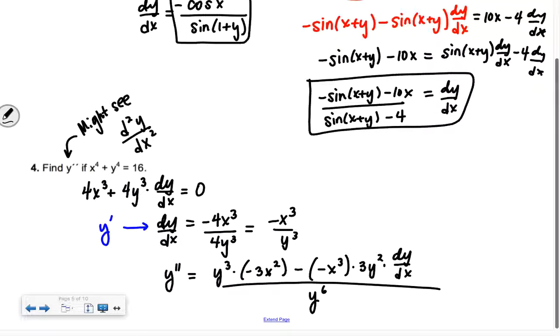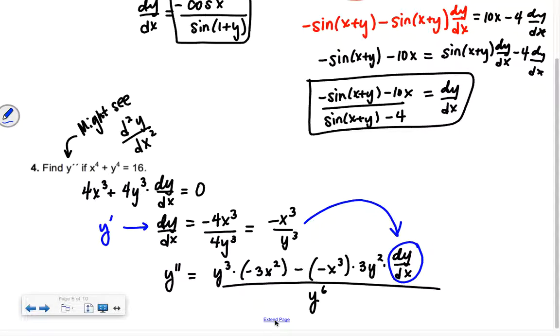But it's weird because I have a dy over dx in there. Seems strange, right? The answers will never have dy over dx in there. What do you think that they do? Replace it with what? Yeah, we're going to replace it with that negative x cubed over y cubed.